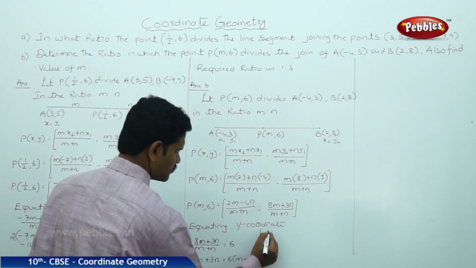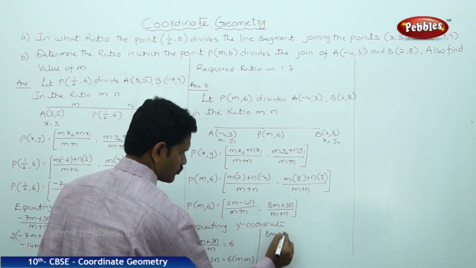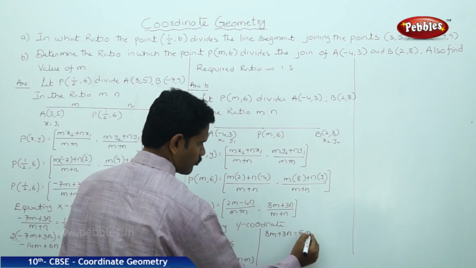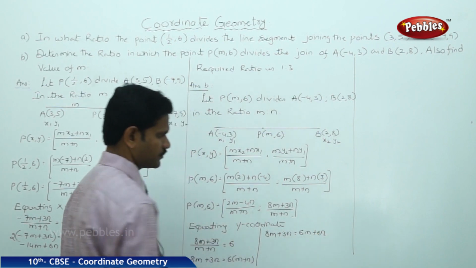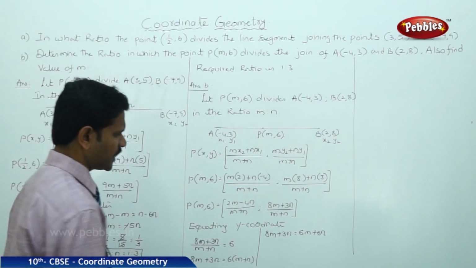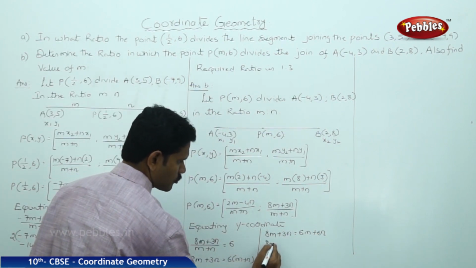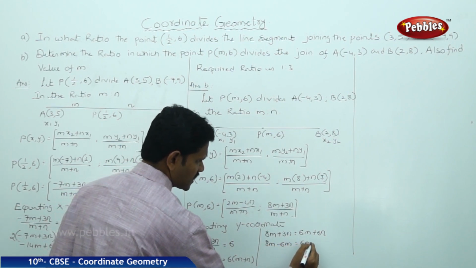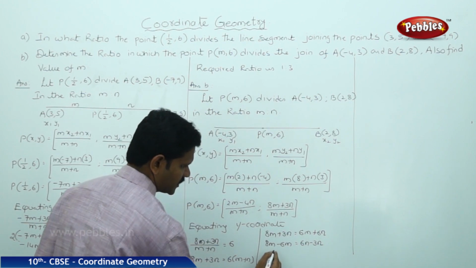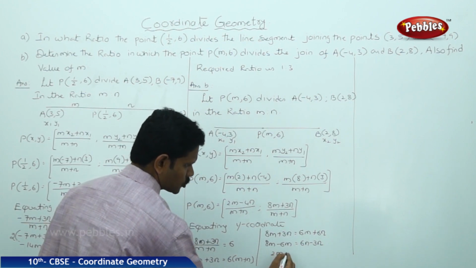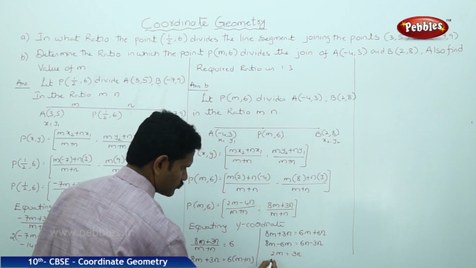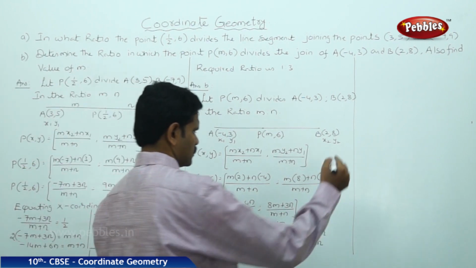Now 8m plus 3n is equal to 6m plus 6n. Now grouping: 8m minus 6m is equal to 6n minus 3n, that is 2m is equal to 3n.